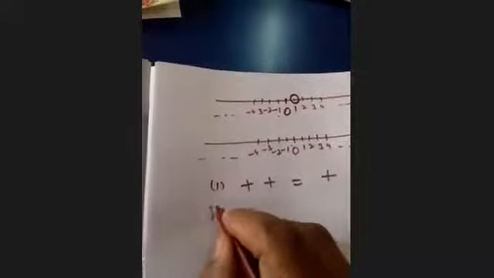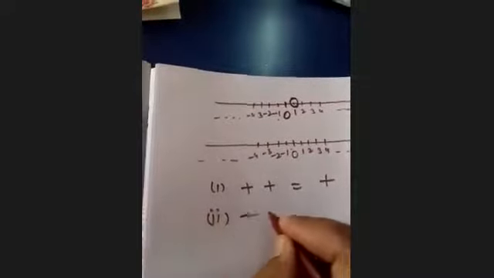Next is how we can add and subtract these integers. For addition and subtraction, we will follow the 4 rules. First, plus, plus, plus. Second is minus, minus, plus.